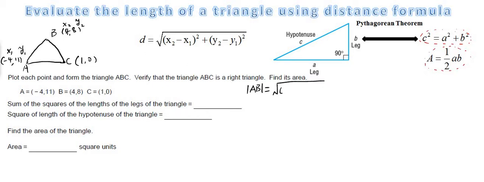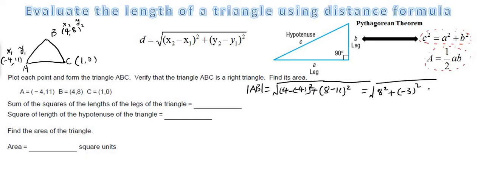So x2 is 4, x1 is -4, so we have 4 minus (-4). When you plug in a negative number, here -4, we need to put round brackets. So we have squared, plus y2 is 8 minus 11, squared. And we simplify it. 4 minus -4 is 8, and 8 minus 11 is -3 squared.